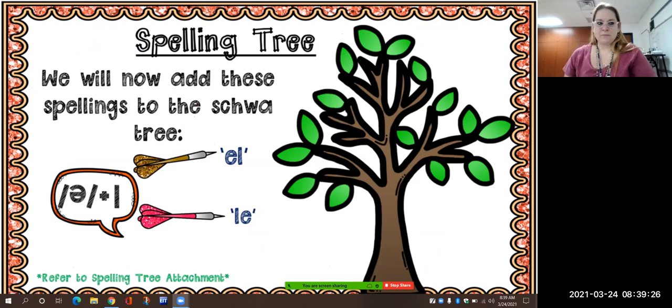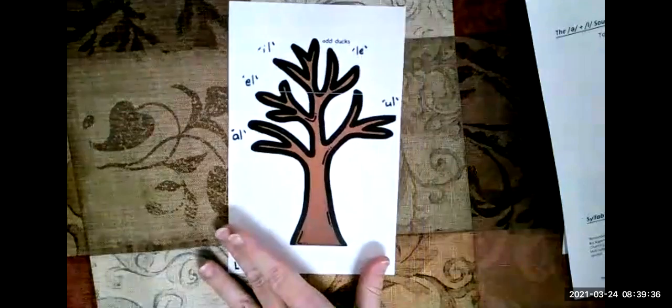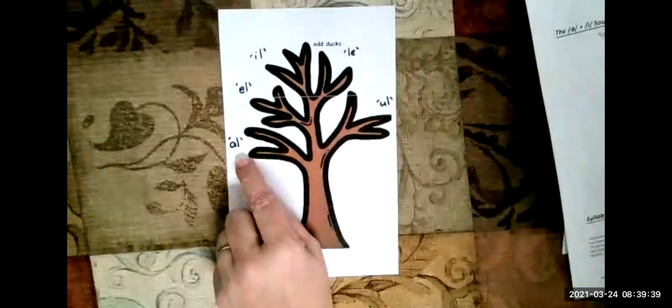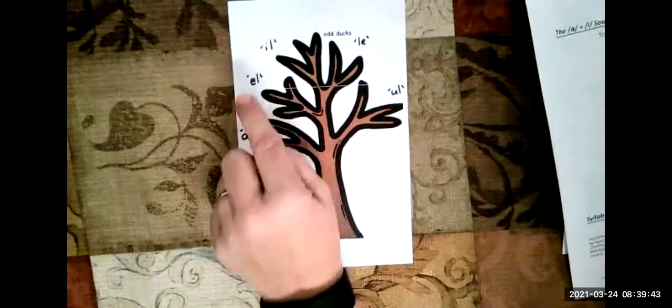So let's add some of these words to our new spelling tree. And if you notice, as soon as I flip this over, our tree has two new branches. We have the AL, we have the UL, and we have IL, but now we also have EL and LE.